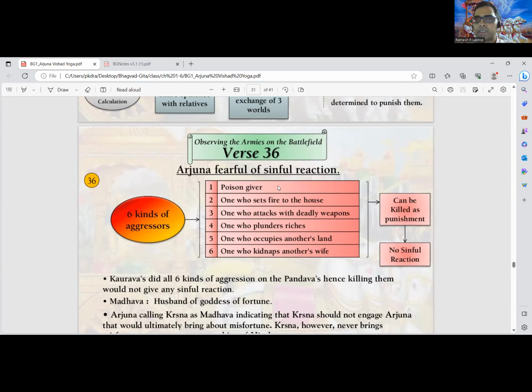One is the poison giver, or one who sets fire to the house, one who attacks with deadly weapons, one who plunders riches, one who occupies another's land, and one who kidnaps another's wife. Any of these six aggressors can be killed, and you will not incur any sinful reaction. Killed in the sense that we should not take swords and start killing, but the Kshatriyas and the lawmakers can do that.